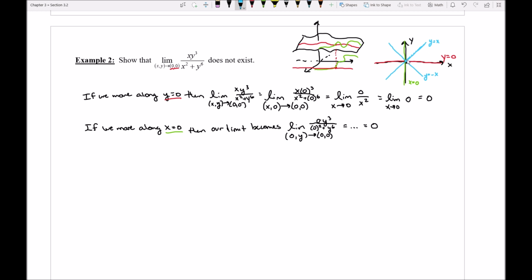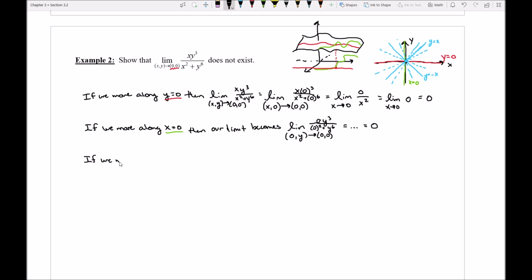Or actually, you could have imagined choosing any linear path with any different possible slope. I'm going to really clutter up the picture here by imagining all sorts of different lines that I could have chosen just with different slopes. And so actually, I'm going to do something really cool. I'm going to check all of these blue paths at once.